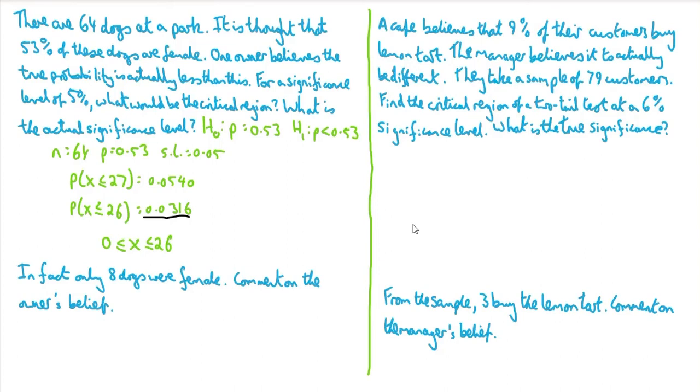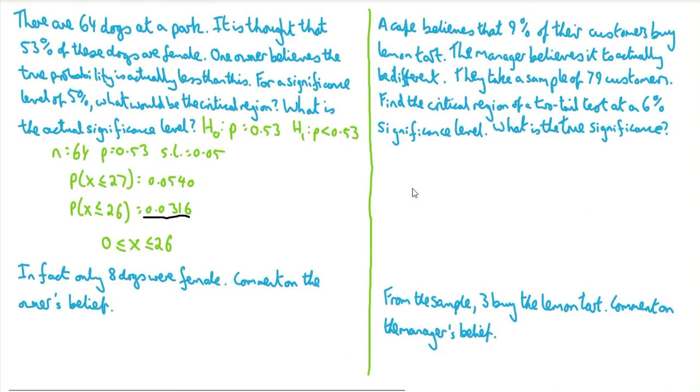Find the critical region of a two-tailed test at a 6% significance level, and what is the true significance. Once you have that, from the sample, 3 buy the lemon tart. Comment on the manager's belief. So just pause the video, have a go for yourself, and then press play again when you're ready to compare.